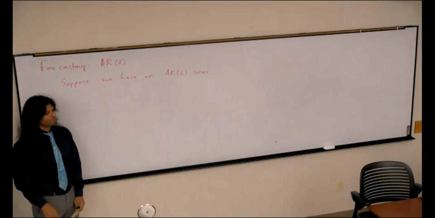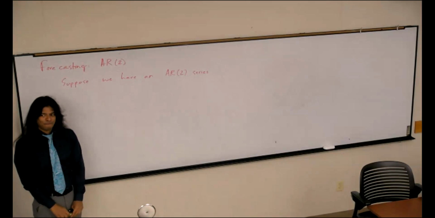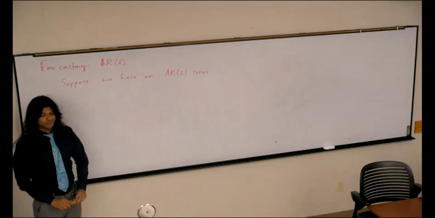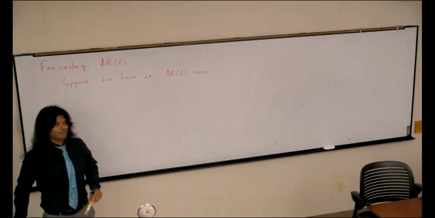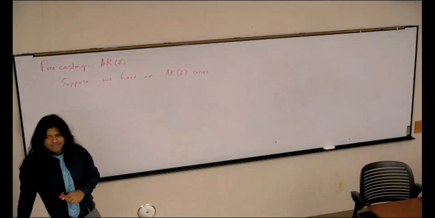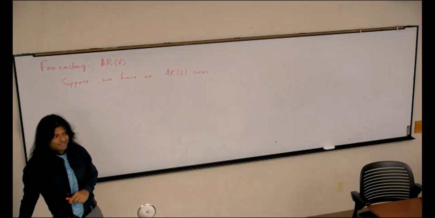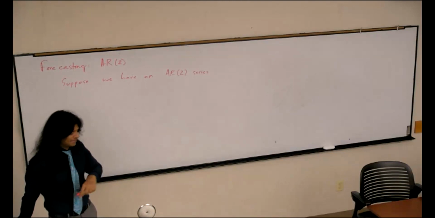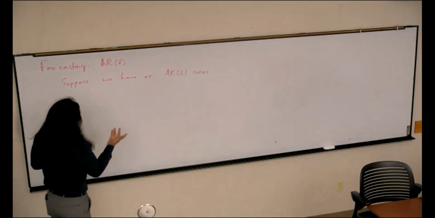Well, what is one way to fit an AR model? We looked at two different approaches. One is Durbin-Levinson, the other Yule-Walker, right? So you could use either approach to fit.